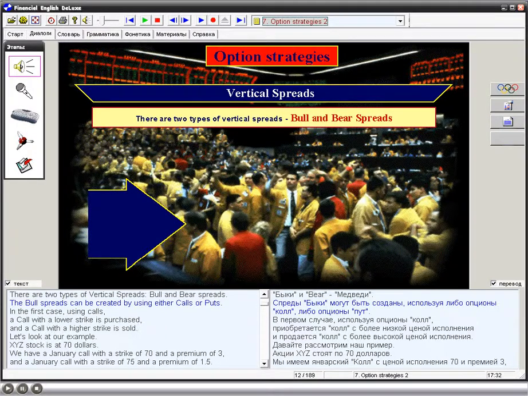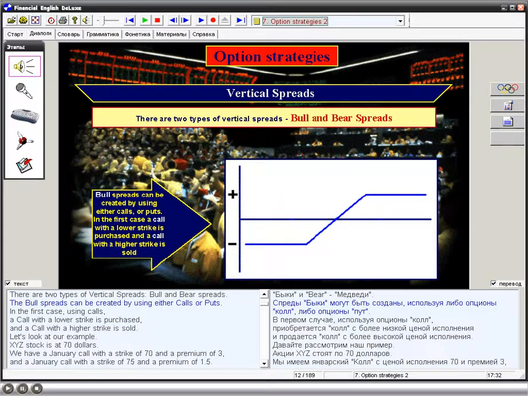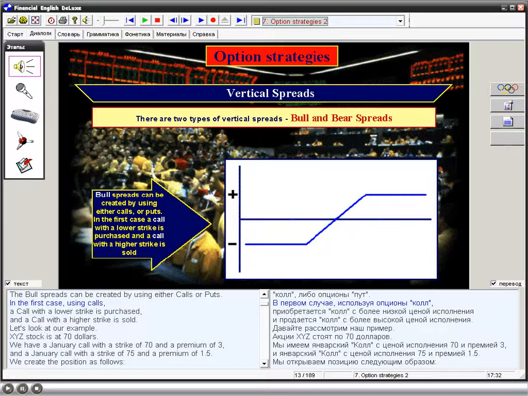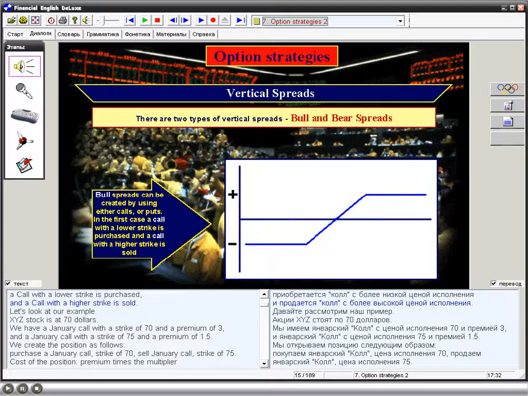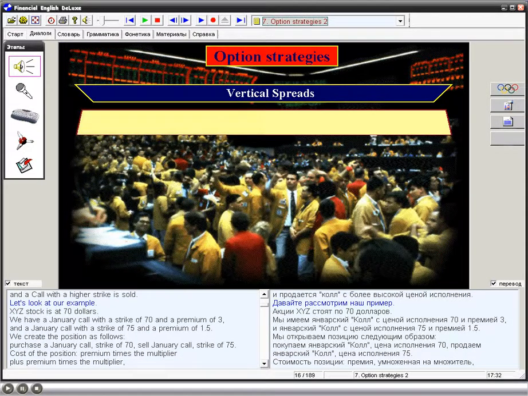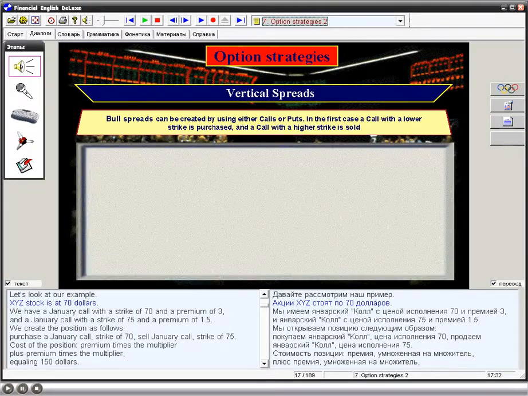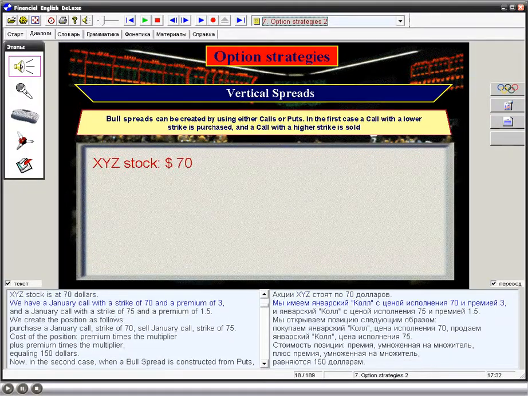Now, bull spreads can be created by using either calls or puts. In the first case, using calls, a call with a lower strike is purchased and a call with a higher strike is sold. Let's look at our example. XYZ stock is at $70.